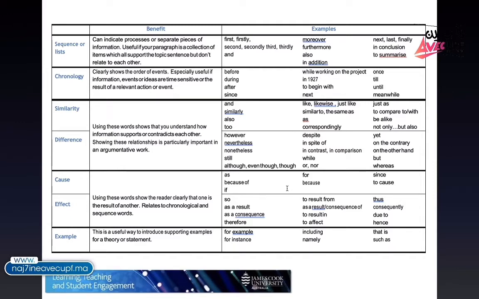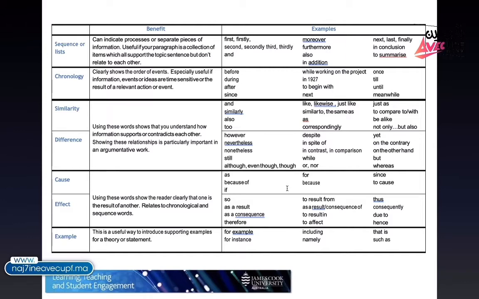So, part 3, which is similarity. Using these words shows that you understand how information supports or contradicts each other. In similarity, when you compare a sentence with another sentence, there is a field of comparison.